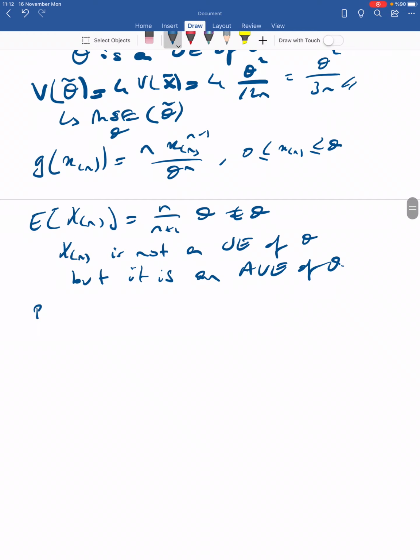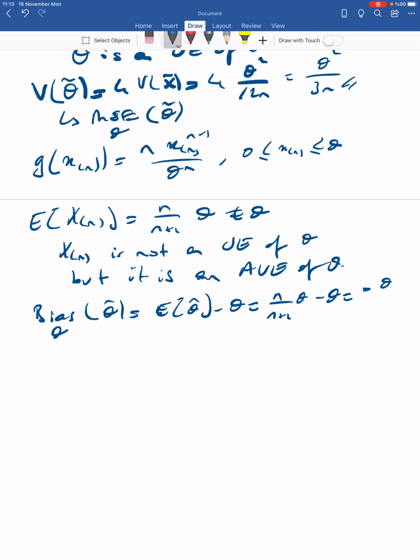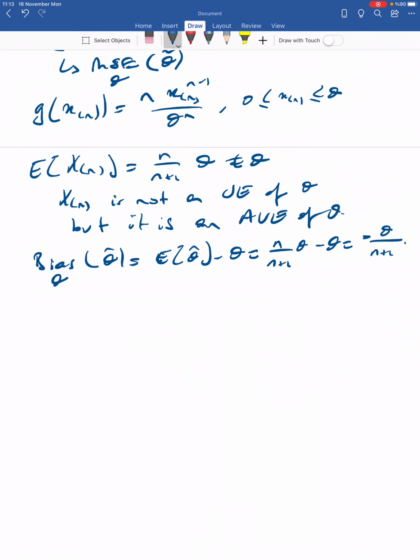Okay, so we can calculate the bias. The expected theta hat minus theta is n over n plus 1 times theta minus theta, so minus theta over n plus 1. So this is the bias. Now calculate the expected x n squared to be able to find the variance.